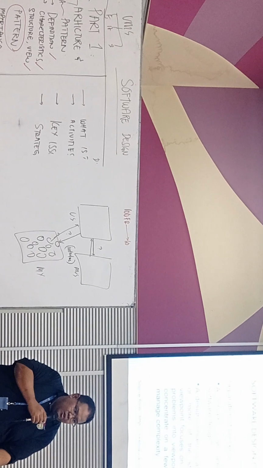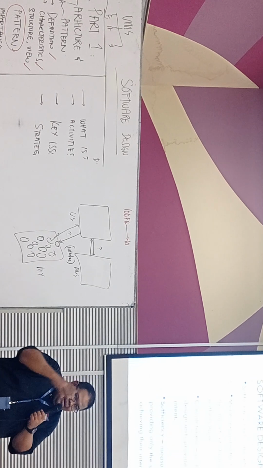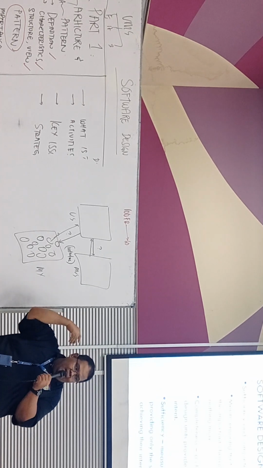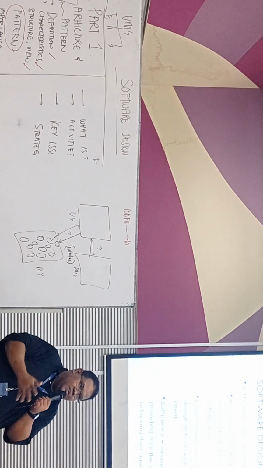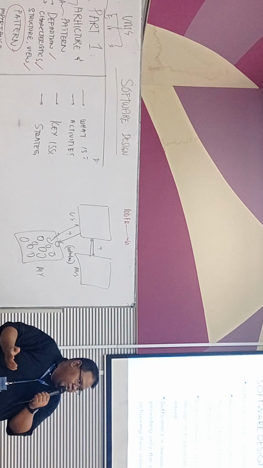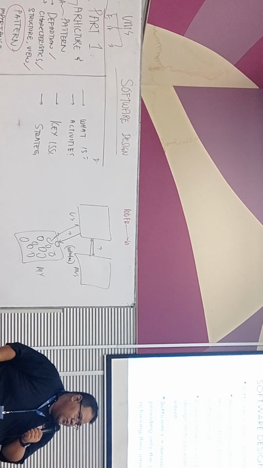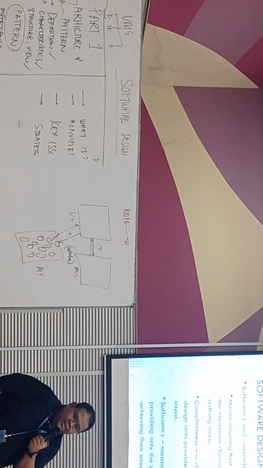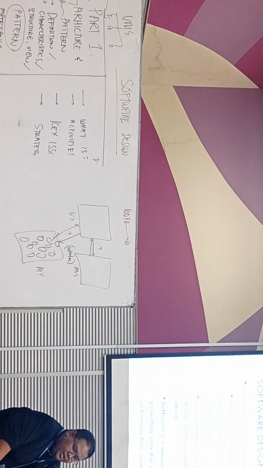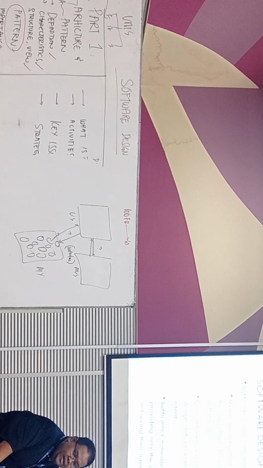Sufficiency and completeness. This goes back to the previous slide. Make sure whatever you do is considered sufficient. Don't overdo your design. Don't take too long to do your design. If you take 6 months to do one design, that's ridiculous. So there are 2 issues: completeness and sufficiency.